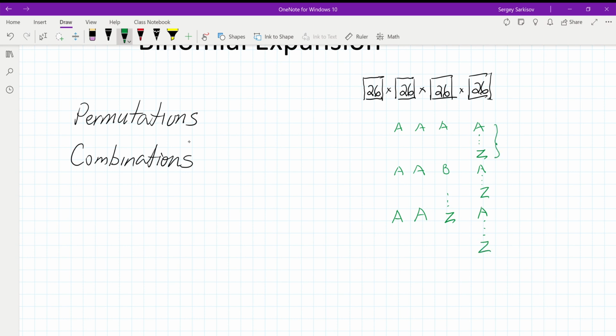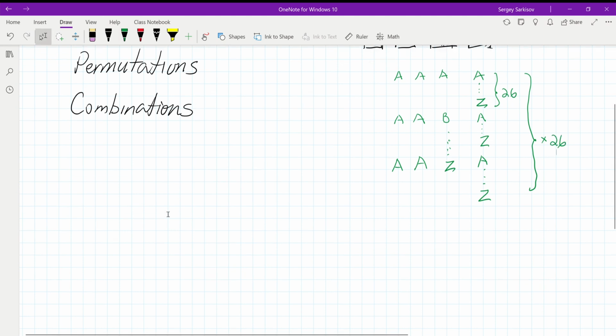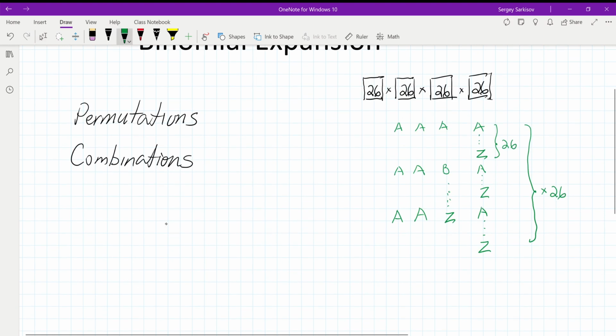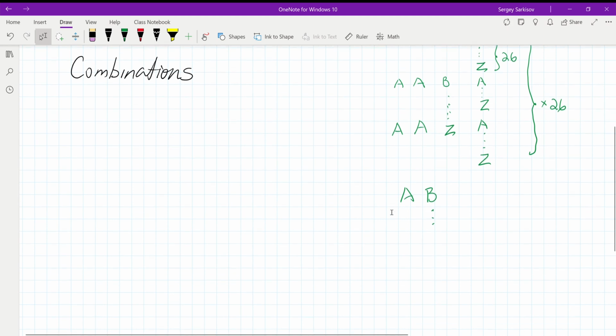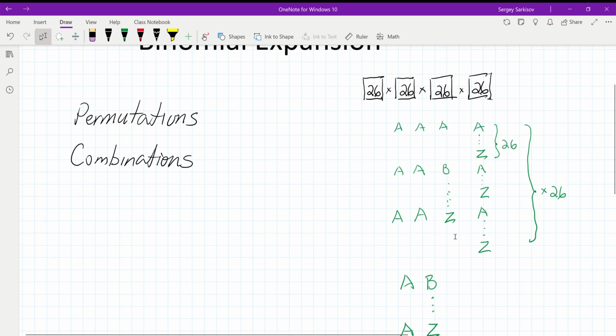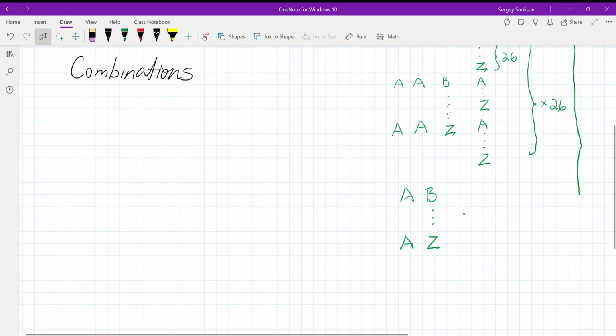So this is 26, and with the second letter going through C to Z, that's another times 26, right? And what if I made the AA into an AB, and so on to AZ, the second letter changing to Z? Then again you have 26 times 26, and another times 26.